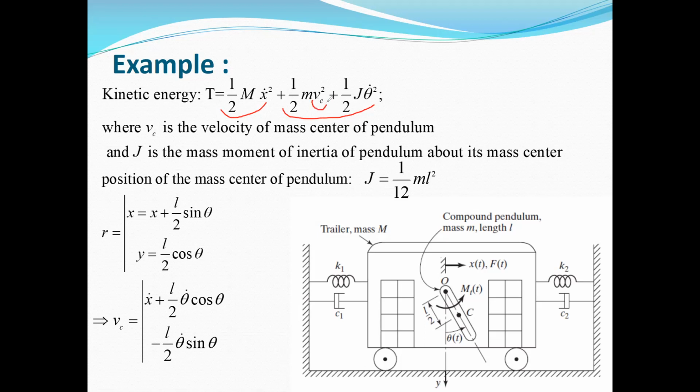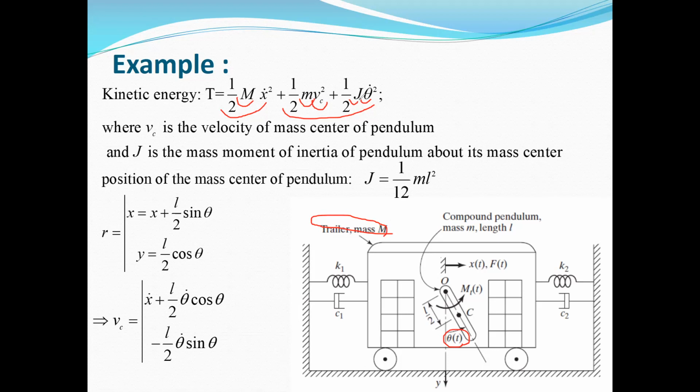This VC is the velocity of the mass center for the pendulum, and theta dot, which is the angular velocity, the derivative of this theta with respect to time. This J is the mass moment of inertia for the pendulum about its mass center. And this m, lowercase m, is the mass of the pendulum. And the uppercase M, which is the mass of the trailer, as it is mentioned here. So this is the kinetic energy for this system.